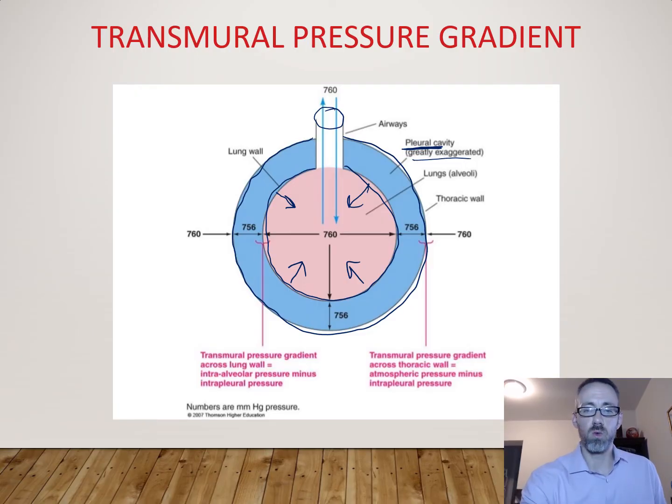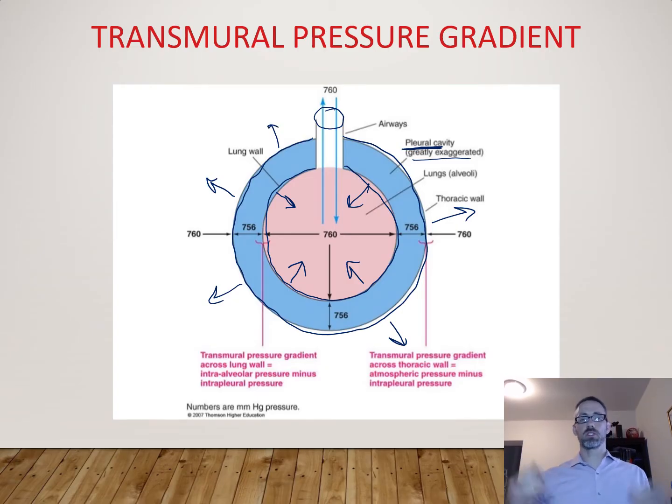And then the thoracic wall, its tendency is to recoil outward because the elastin pulls it in an outward direction. So we have this sort of equal and opposite elastic recoil from each other. And in doing that, the intrapleural space, that pressure, that vacuum that's there actually becomes more negative as we create a larger volume there. And so it becomes more negative.